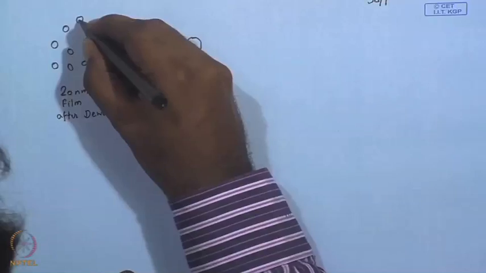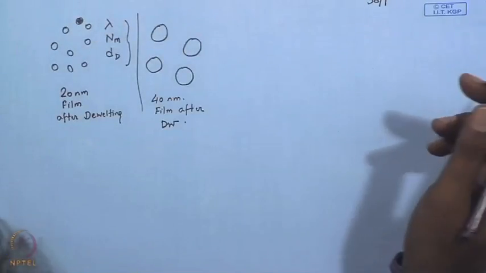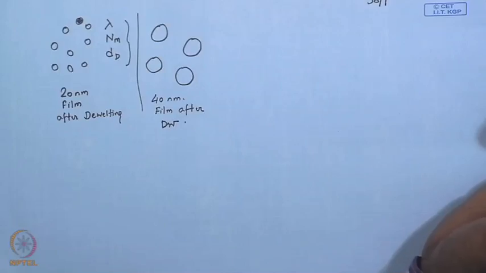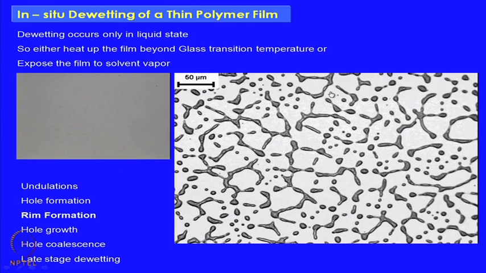So, the key advantage would be that you have smaller droplets versus larger droplets. You do not need any additional hardware like a stamp, you just vary the film thickness and you get to that. The second major advantage is that this evolution sequence continues till the very end because you have kept the temperature beyond the glass transition temperature.